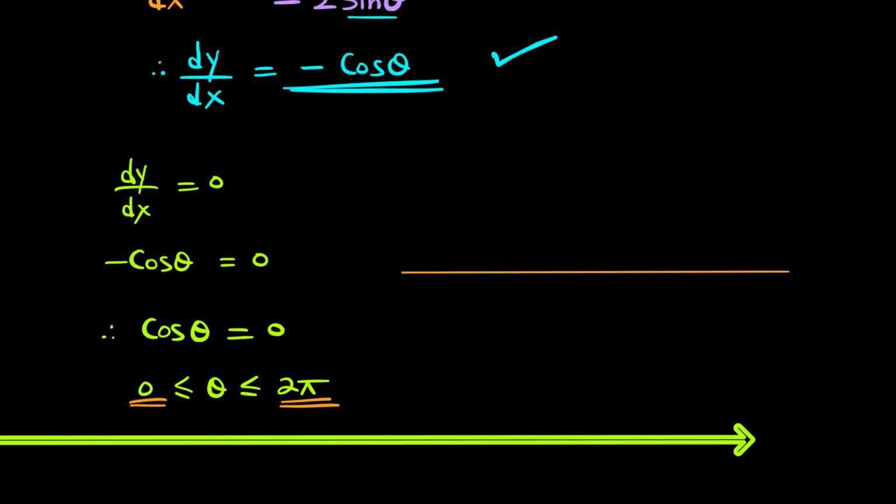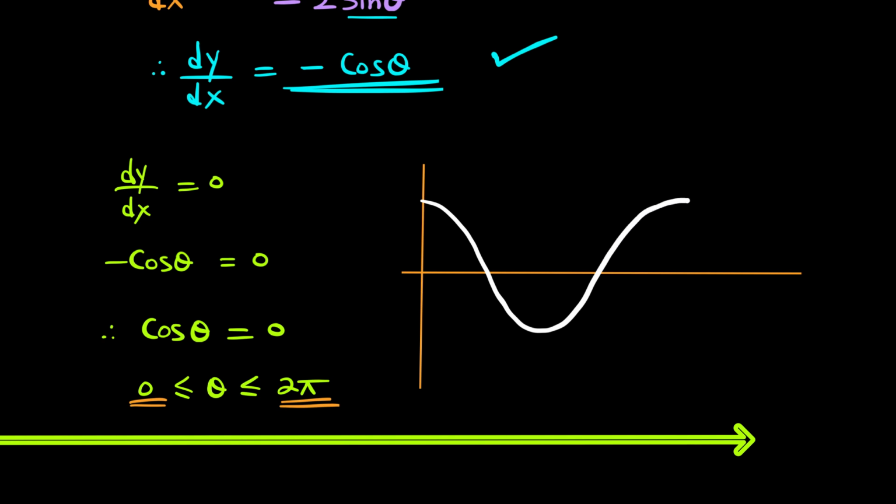We have to draw the x-axis, and then the y-axis, and draw one cycle of cosine which goes up like this. So now let's label it. This corresponds to 2 pi. This corresponds to 0. The maximum value is 1 occurring at 0 and at 2 pi. The minimum value is negative 1 occurring at pi.